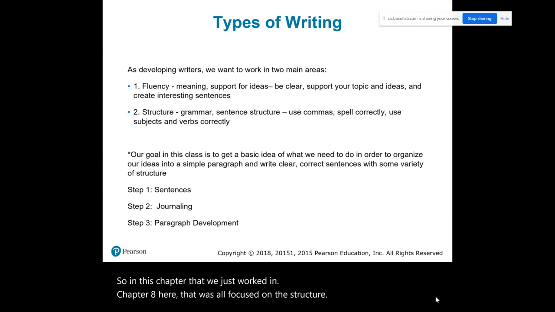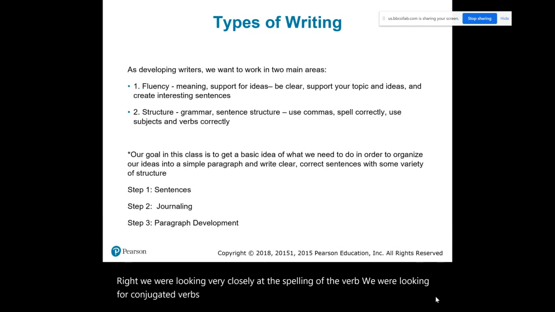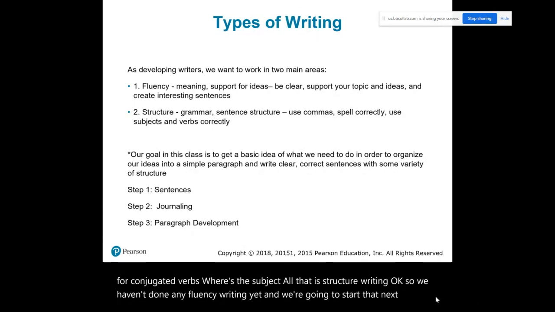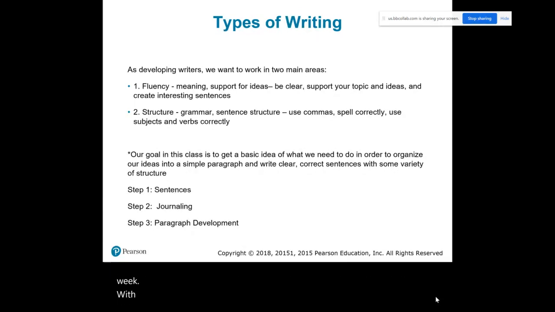We were looking very closely at the spelling of the verb. We were looking for conjugated verbs. Where's the subject? All that is structure writing, okay? So we haven't done any fluency writing yet, and we're going to start that next week with your journals, okay?